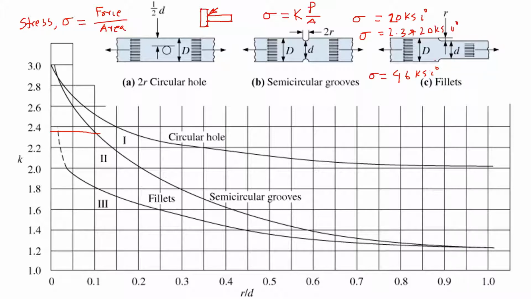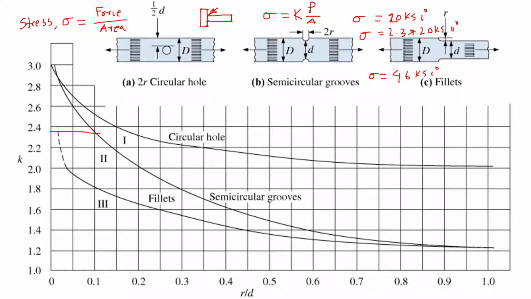The larger the radius we can make, as you can see, the stress concentration factor actually decreases. So you can see here 2.5, but if it's almost the same, so basically no sharp edge, then you don't have any stress concentration factor at all.